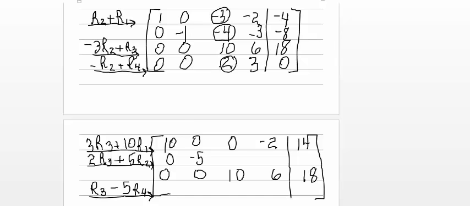Now let's multiply 2 times row 3 and add that to 5 times row 2 to get my new row 2 of 0, negative 5, 0, negative 3, negative 4.